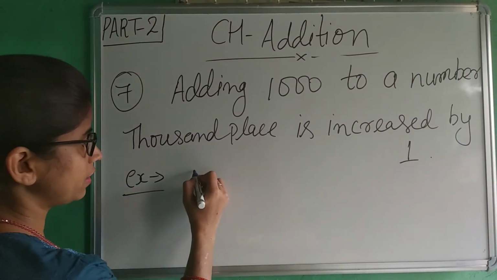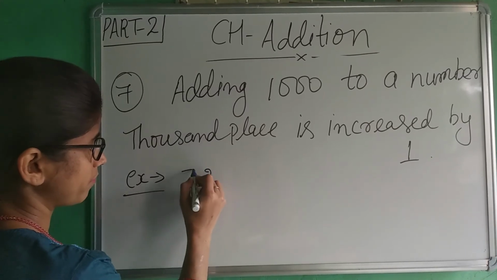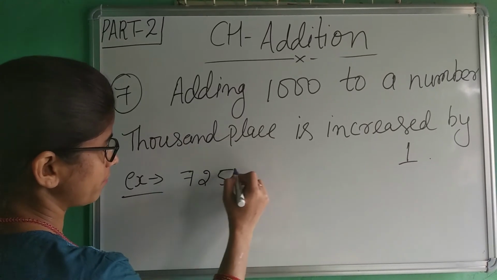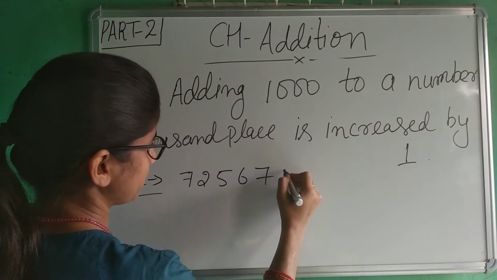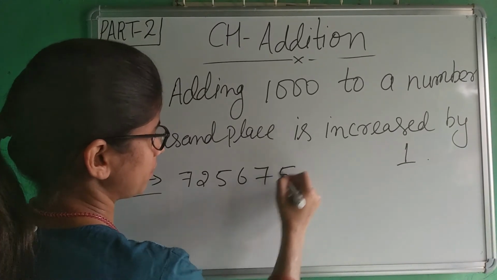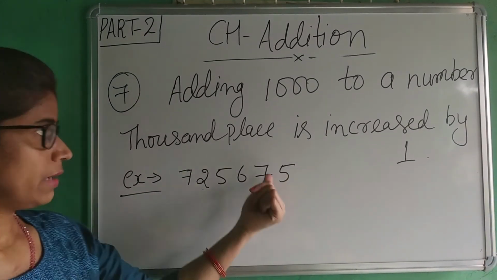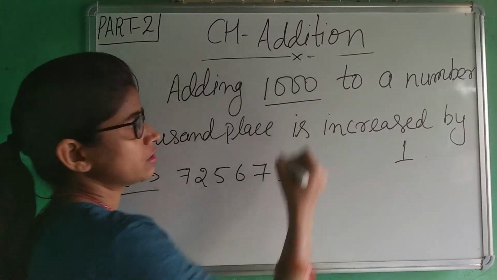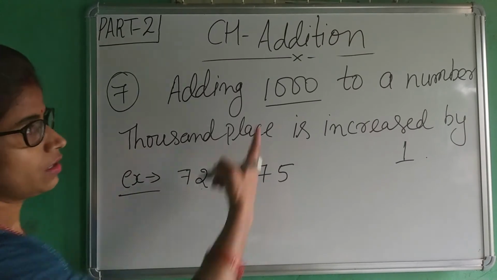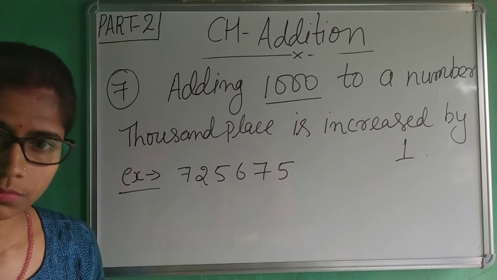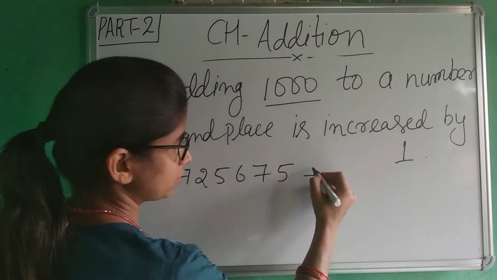Let's take an example. Okay? So this is your number. I'm going to add 1000 because the property is saying when you add 1000 to a number, what will happen? So I'm going to add here 1000.